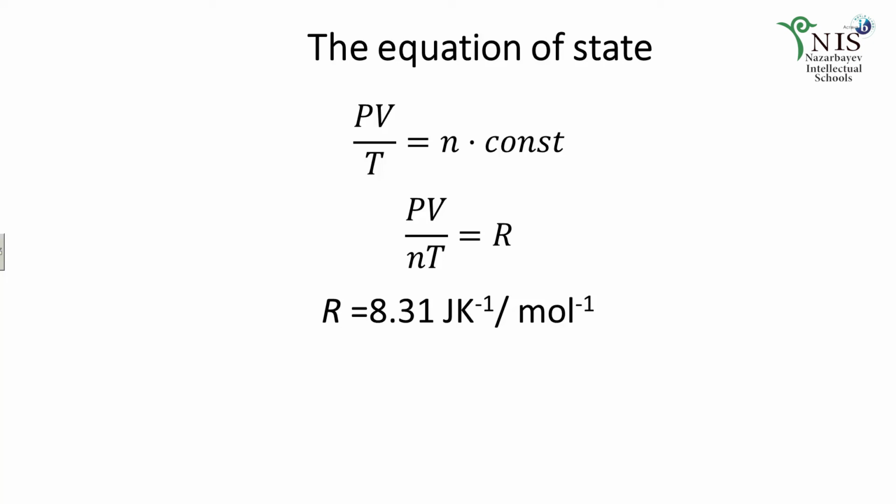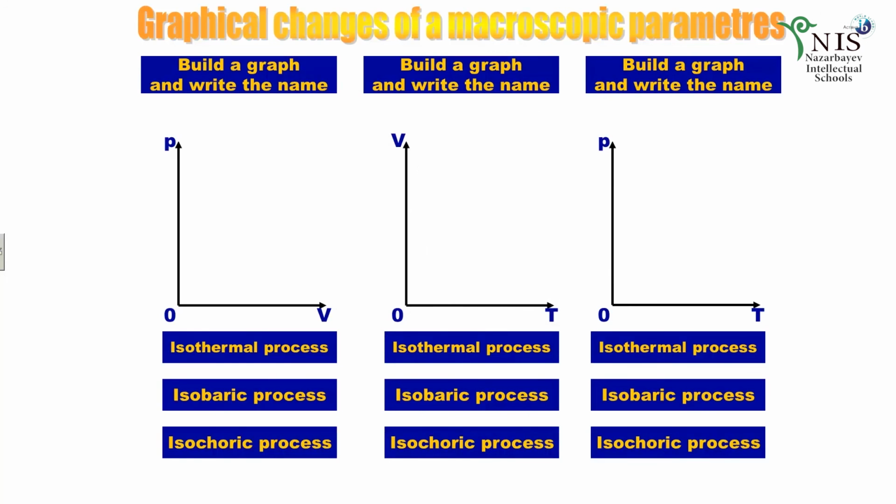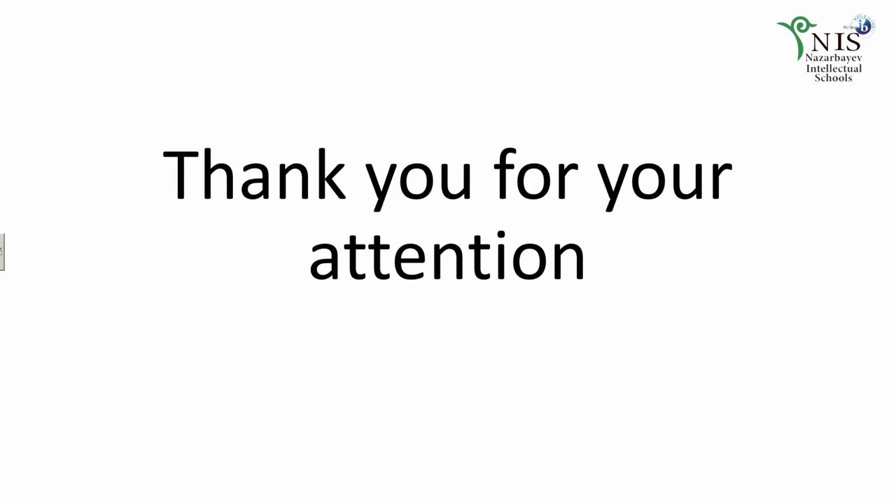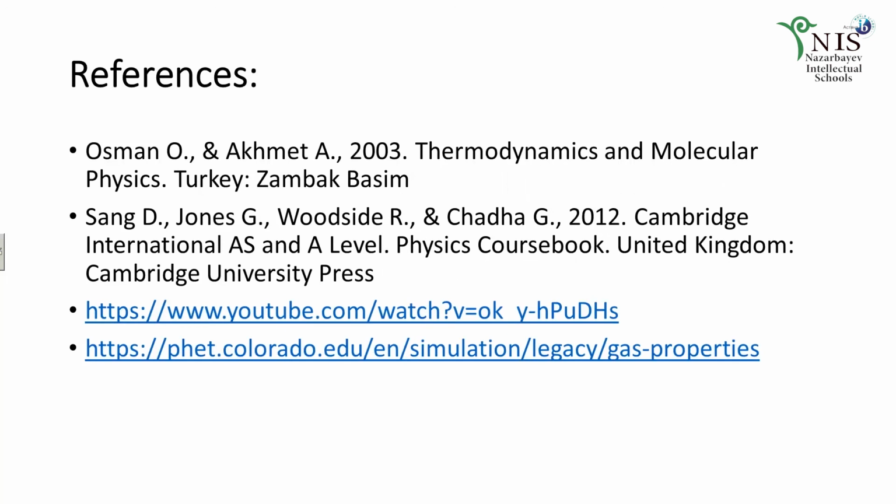Thus, finally, the equation of state is pressure times volume equals number of moles times gas constant times temperature in Kelvin. As for now, students, at home you can analyze this graphical change of the macroscopic properties of pressure and volume and temperature in these graphs. Thank you for your attention and time. And the references that I used for this presentation are here.